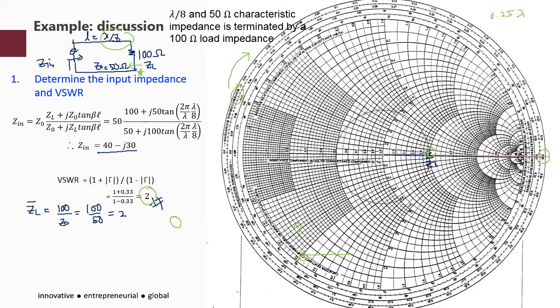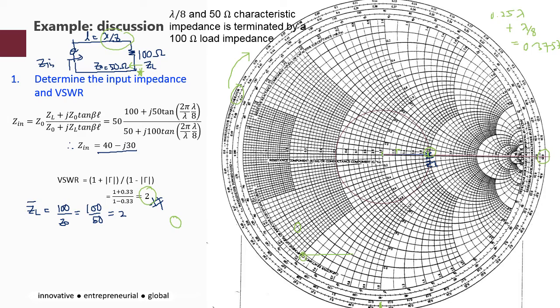Lambda over 8 is equal to 0.125, so adding it, you get 0.375. Find 0.375 on the outer towards-generator scale, somewhere here.